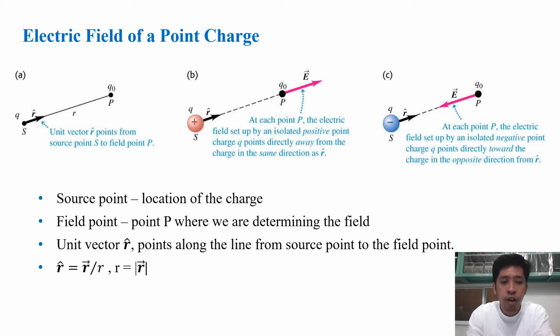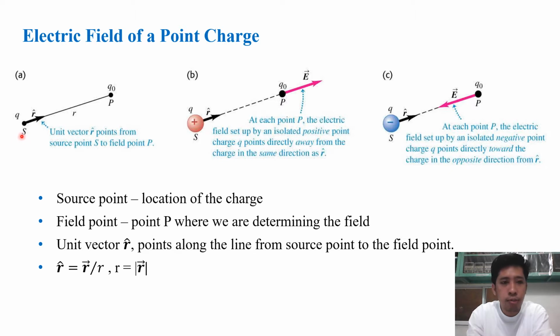Your unit vector r hat, which we defined earlier, points along the line from the source point to the field point. So your unit vector r hat, which is equal to the vector r over the magnitude of r, is pointing from your source point towards your field point. Let's say, for example, you have your charge Q, which creates the electric field.